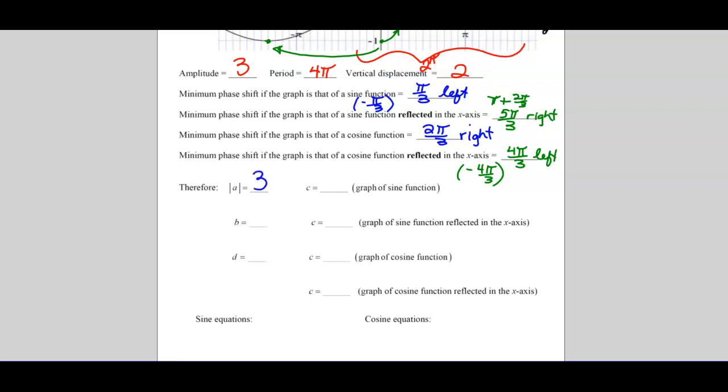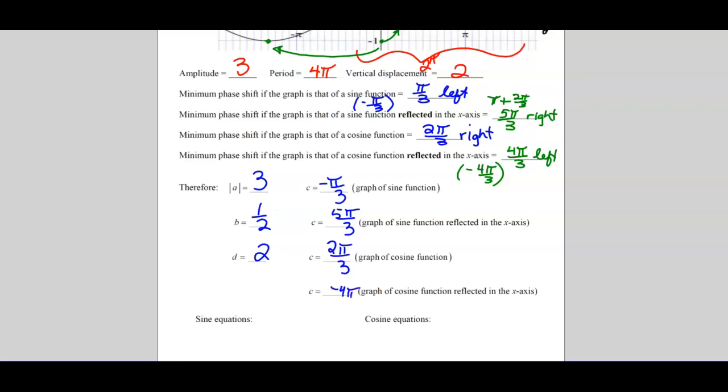If the period is 4 pi, 2 pi divided by 4 pi, guys, is a half. So B is 1/2. C value, if it's left, it's negative. Right, it's positive. Left is negative. Oh, I got out of sync there for a second. 5 pi over 3 is to the right. 2 pi over 3 to the right.